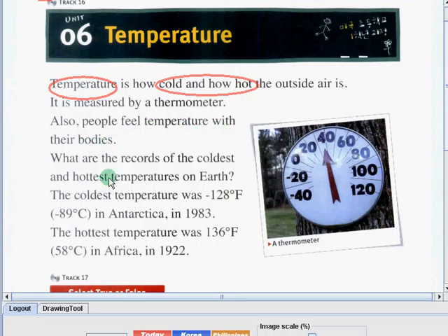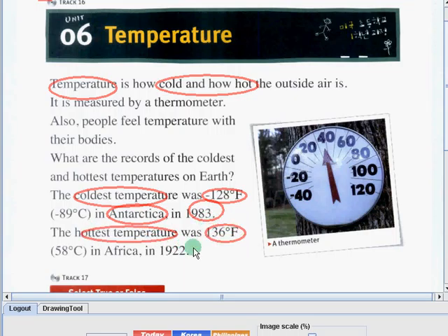And it says here the coldest temperature was -128 degrees Fahrenheit, and it happened in Antarctica in the year 1983. Okay, and the hottest temperature was 136 degrees Fahrenheit in Africa in the year 1922. Students, please don't forget the important information about temperature.